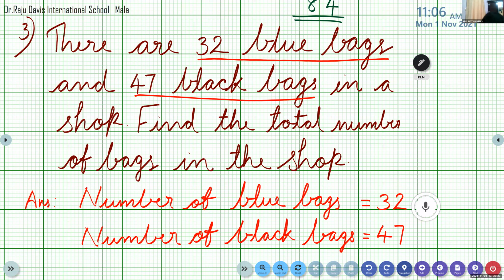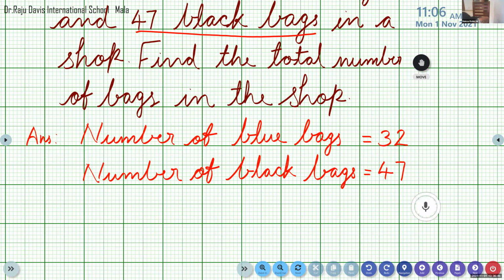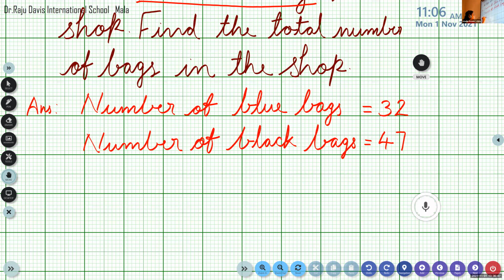The third step is total number of bags. Yes, very good. The third step is total number of bags.